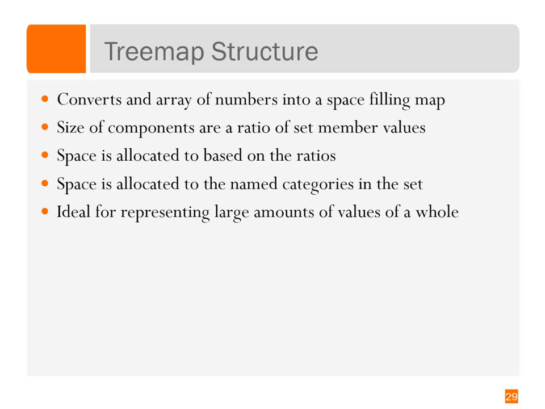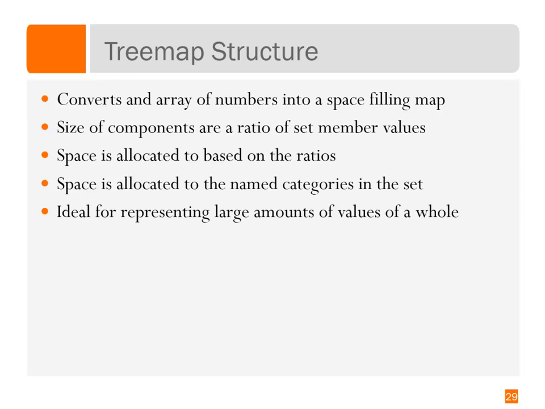Space is allocated to the named categories in the set, so we may have that particular category, but it may be part of a larger category as well. And the tree map structure is ideal for representing large amounts of values as part of a whole. So if you think about it, we have 100% of something and we want to know which components help make that up. A tree map is a good example of a visualization that can help us there.